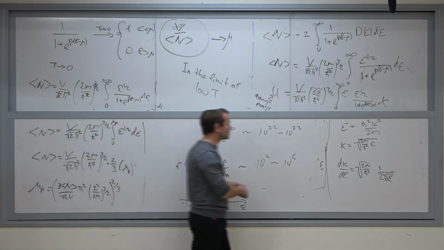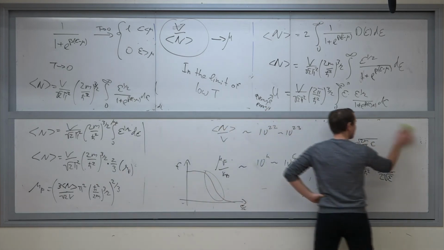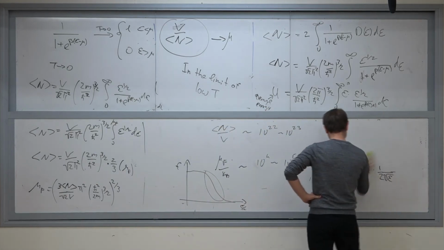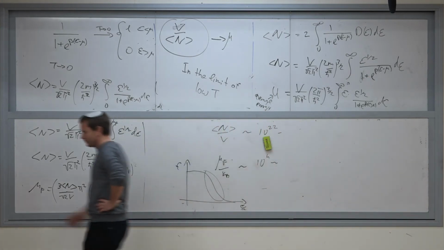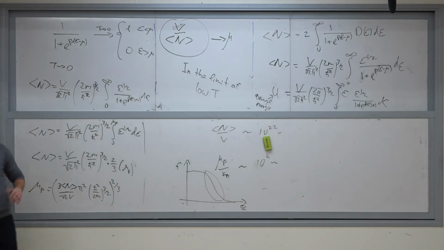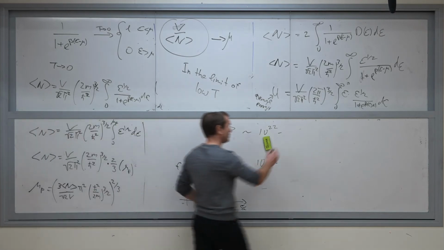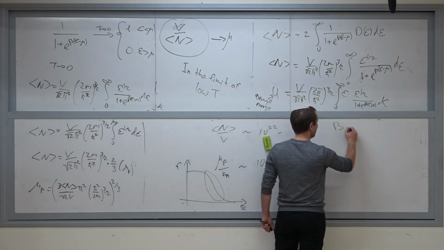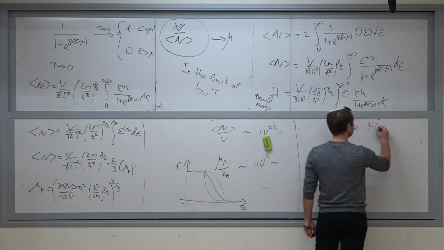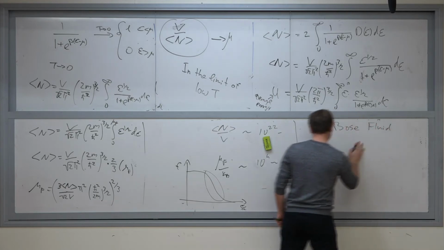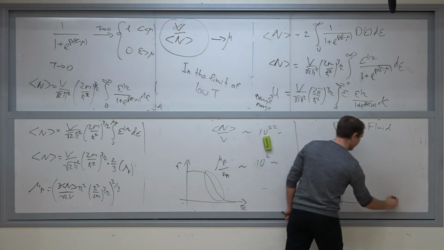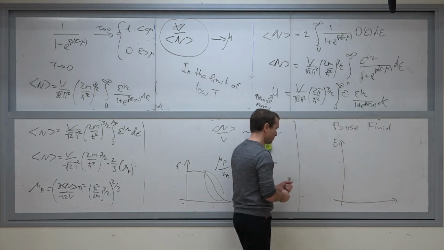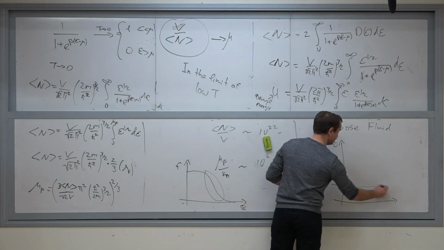There are no restrictions. So if I'm again trying to plot everything, let's go to the Bose fluid. I have my energetic spectrum E. There are different energies.